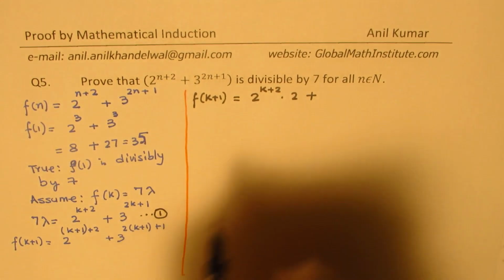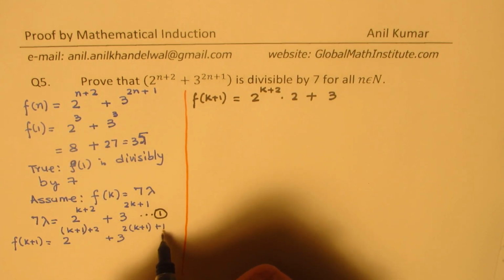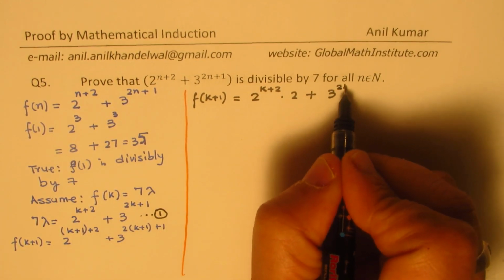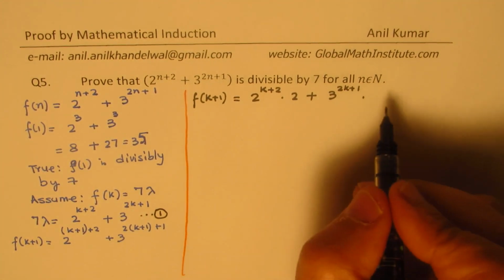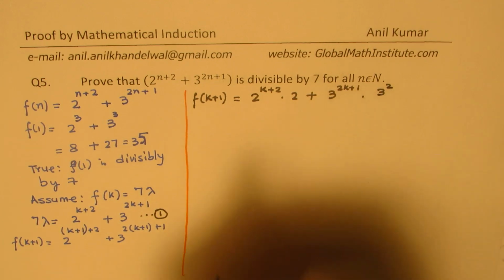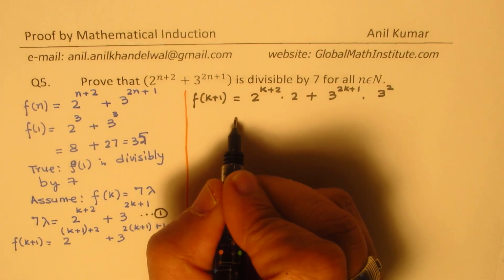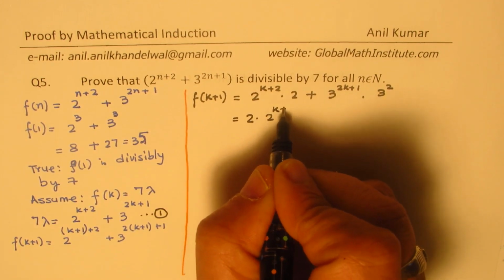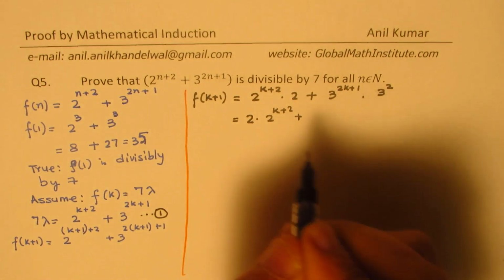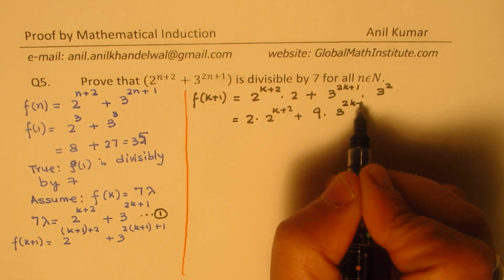Plus, here we get 3 to the power of 2k plus 1 times 3 square. Correct. So now, 3 square is 9, so we can write this as 2 times 2 to the power of k plus 2 plus 9 times 3 to the power of 2k plus 1.